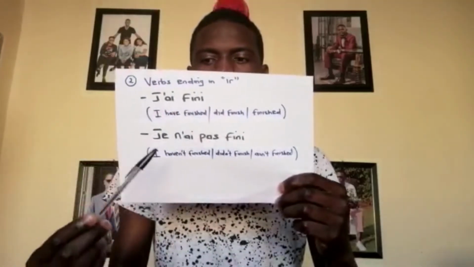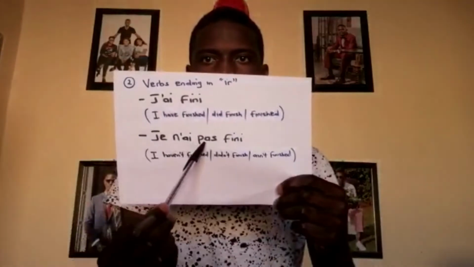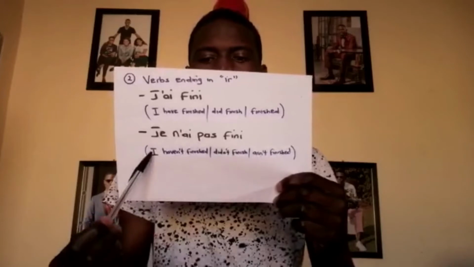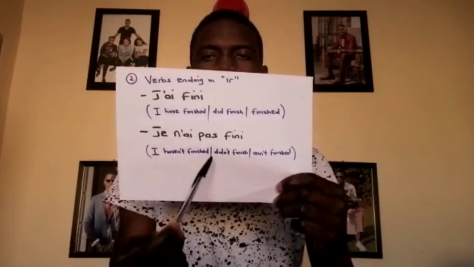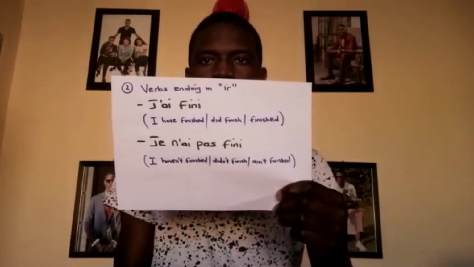Its negative form will be je n'ai pas fini, which would translate to I haven't finished, I did not finish. So that's how the perfect tense is conjugated in the French language.